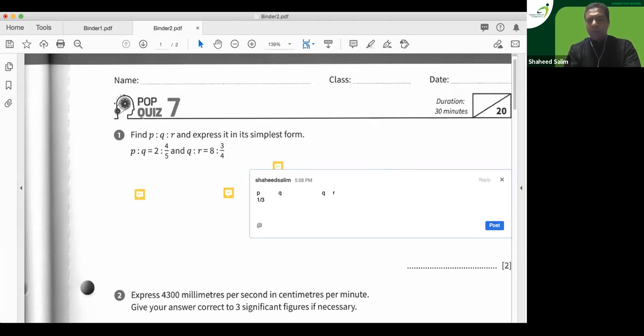Q is 4. R is, let's say, 6. No, R, sorry, Q. Q is 6. R is 2 over 5, sorry, 2 over 5. Okay, I want you to find the ratio of P is to Q is to R.